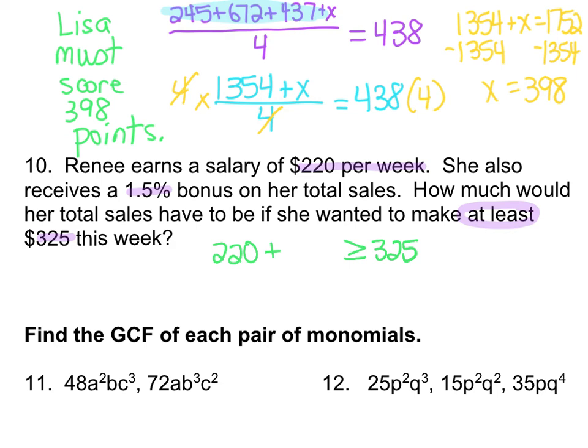Remember, we need to take this out of decimal or percent form, so we would divide by 100 or move the decimal 2 places to the left, and we would get 0.015, and I'm going to multiply it by t for total sales. So now I can just solve.